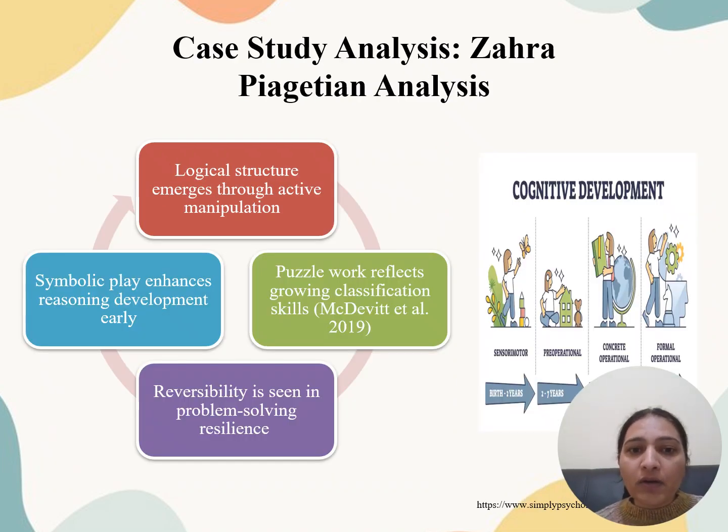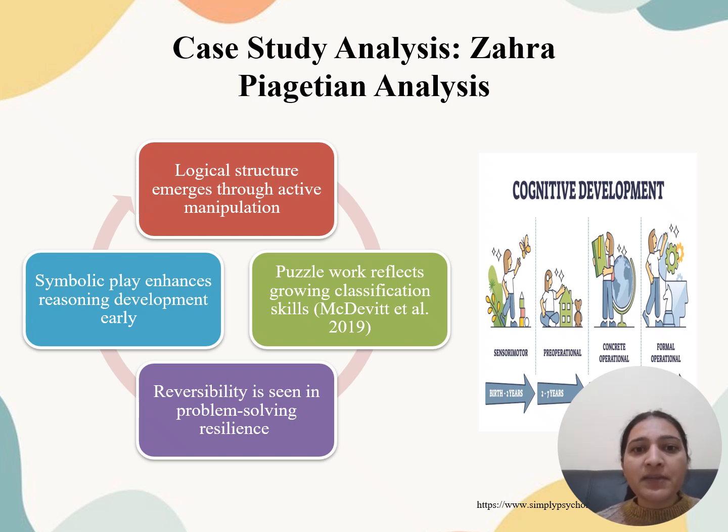Now comes the case study analysis, Zahra's Piagetian analysis. The behaviors of Zahra indicate development into another phase of Piaget, from the pre-operational stage to the concrete operational stage. Her cognitive abilities in solving puzzles and playing with the STEM prime promise underlying expertise in categorization, conservation, and cause and effect thought processes.